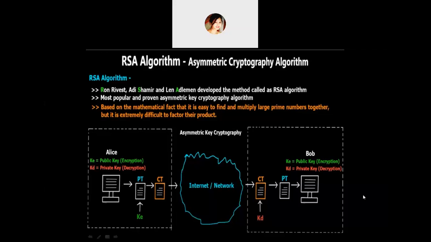Just remember what symmetric and asymmetric encryption are. We are talking about asymmetric cryptography here, and the RSA algorithm comes under asymmetric cryptography algorithms. This is just an overview of asymmetric key cryptography.